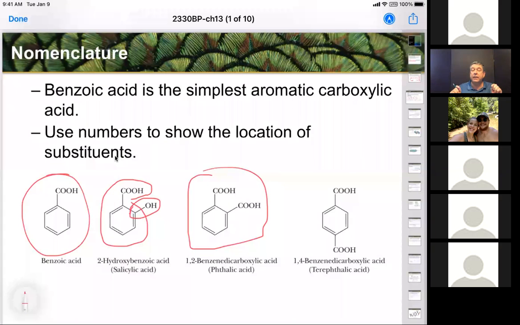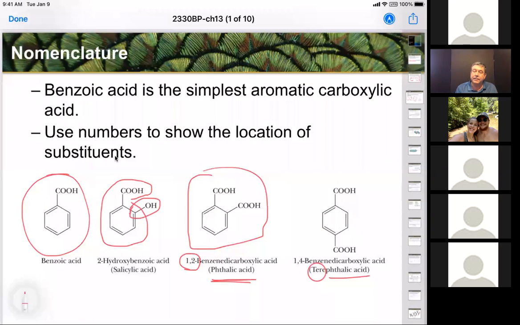So specifically, they have different names, okay? So the 1,2-carboxylic acid is called phthalic acid, which is the P in oh my, such good apple pie. However, if they're para to each other, we call it terephthalic acid as being 1,4 position. And then the meta is called isophthalic acid.